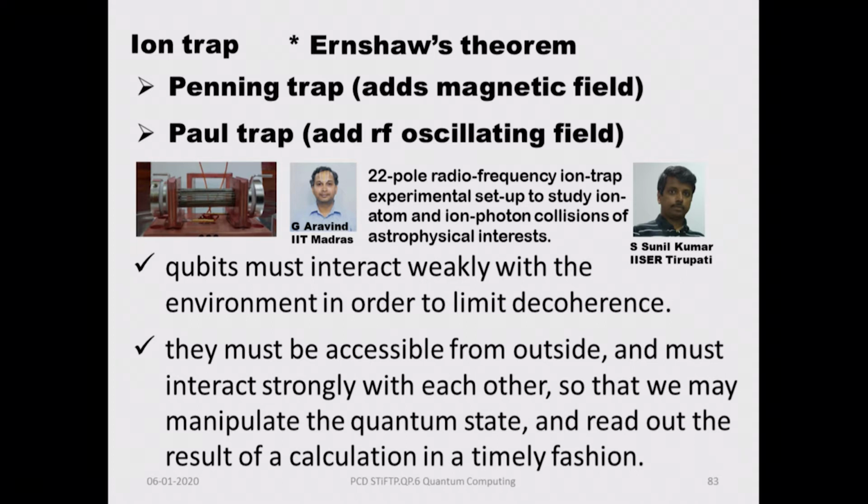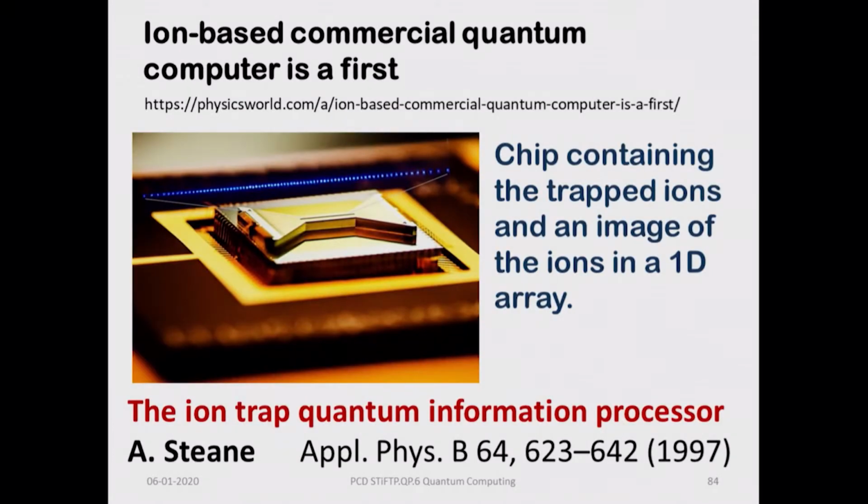So you need the qubits to be interacting only weakly with the environment, but at the same time you need them to interact with each other strongly, because only then can you build entanglements and multi-qubit quantum gates and quantum computers. So that is the challenge in building quantum computers.